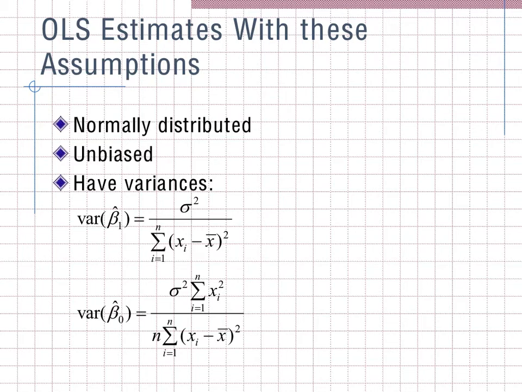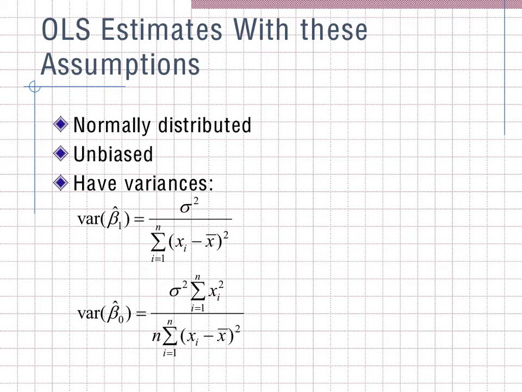And furthermore, these estimators have variances. The variance for the slope is given by the variance of the residuals divided by the sum of the squared difference between x and the mean of x across all the observations.